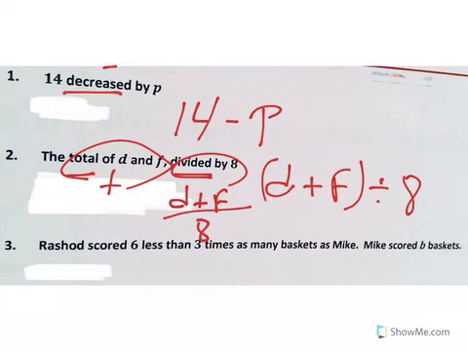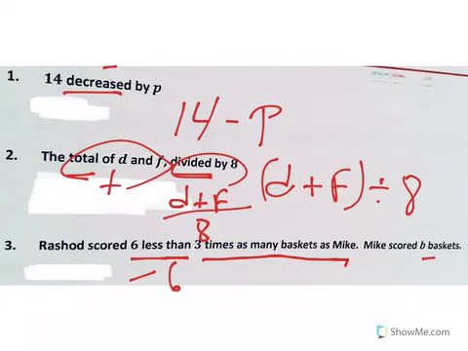Okay, number 3. Rashad scored 6 less than 3 times as many baskets as Mike. Mike scored B baskets. This one's kind of complicated. These are the kind of ones where I need to write it out and see if what I wrote makes sense. So, Rashad scored 6 less than. So I know something is going to be minus 6, right? 3 times as many baskets as Mike.